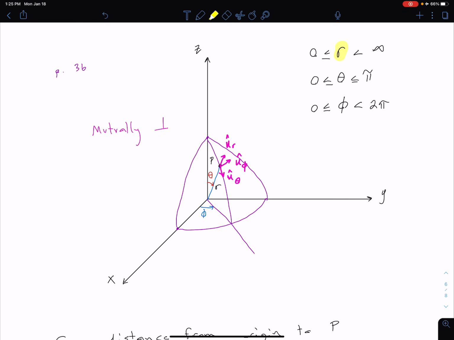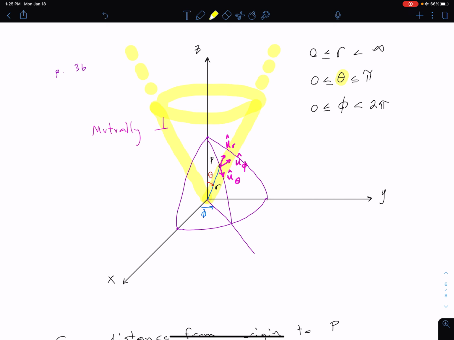Now, if we had only theta fixed, we're going to end up with a cone. We have some theta that's fixed here, but our r can vary and our phi can vary, so we end up with something that circles around like that and extends up in this direction.